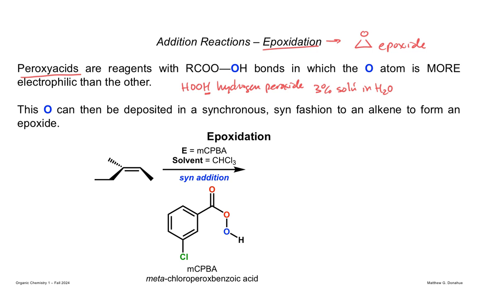And so there are organic peroxides, and the one that's most common is shown here. It's called metachloroperoxybenzoic acid, or mCPBA. And you see the OO linkage in there. That's the peroxide linkage.